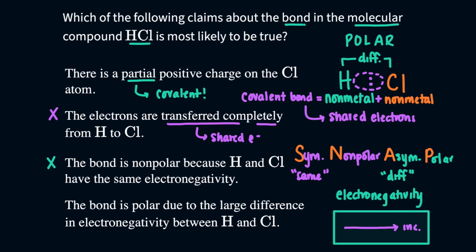Now, hydrogen would be right around here, and chlorine's maybe right around here somewhere. But the idea is that I went across the pond from hydrogen to chlorine. Chlorine would definitely have a higher electronegativity.